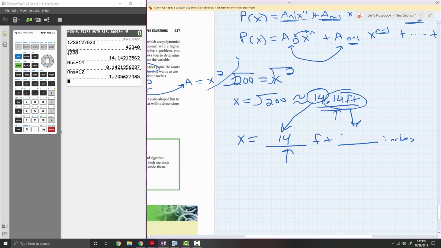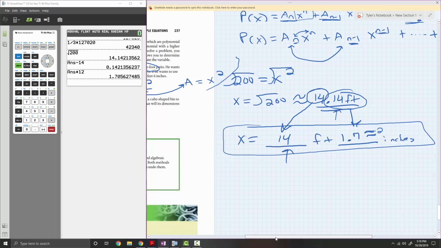So what I would get here is 1.7 roughly, if I round to 1 decimal place. So 14 feet, 1.7 inches, or if you wanted to round to the nearest inch, we could just say 2 inches. We wouldn't quite have enough patio because we rounded up, but those are basically the dimensions that you would want to make that patio happen.